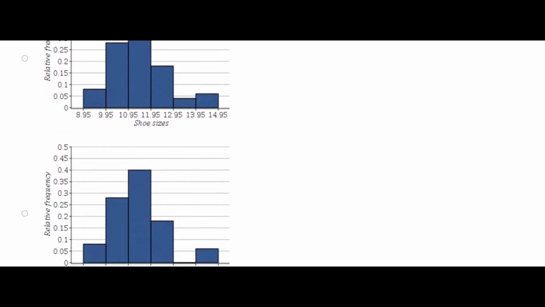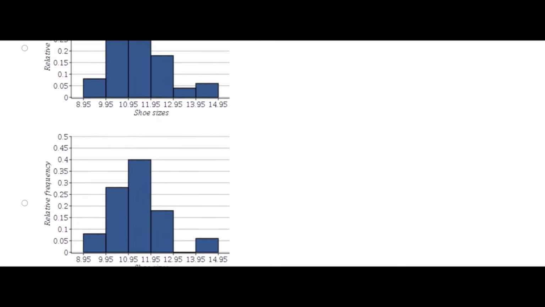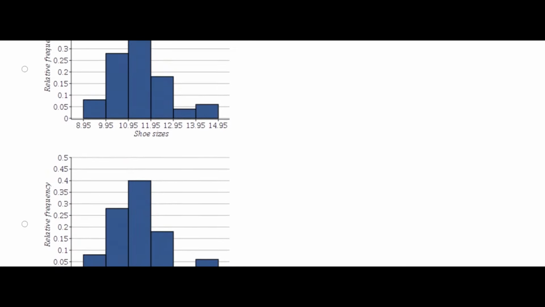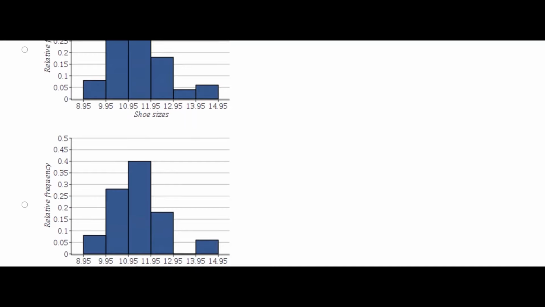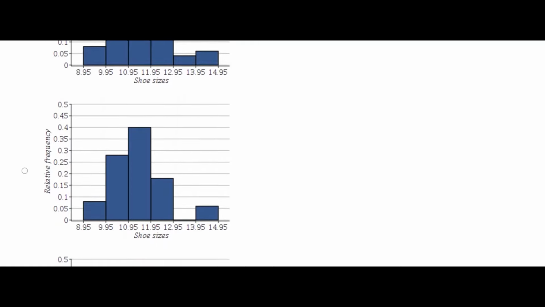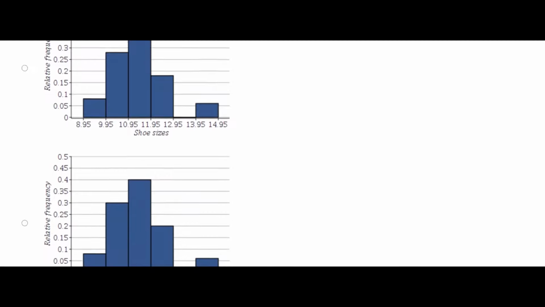If we look carefully, we can readily see a very clear difference between these 3 options, the third, fourth and fifth options, and that is the height of the fifth interval. In the third option, the height of the fifth interval is nearly equal to 0.05, while in the fourth option, the height of the fifth interval is 0, which is the same in the fifth option.